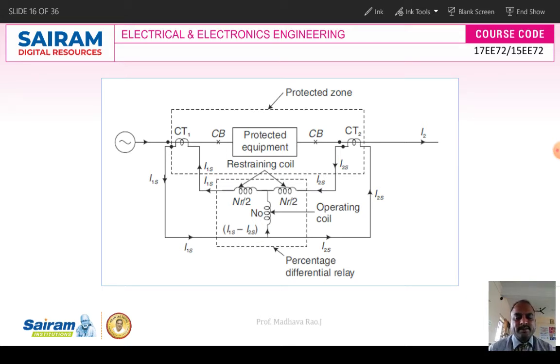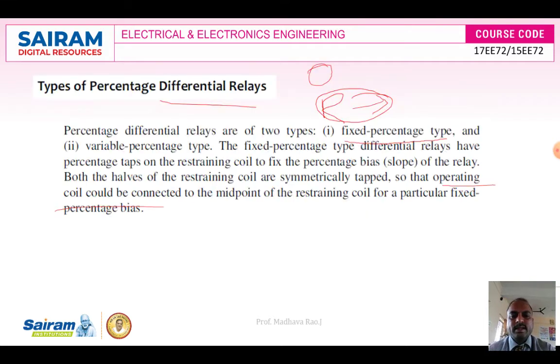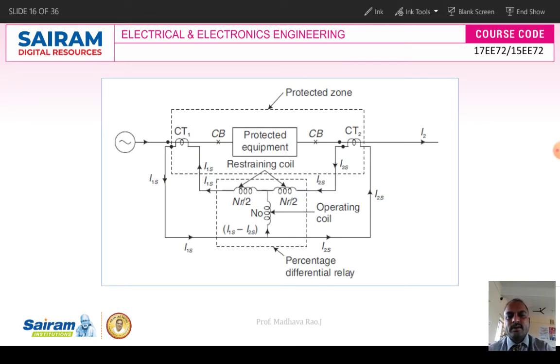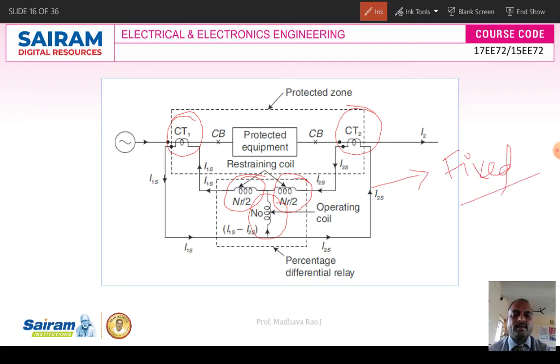Here we can see current transformer 1 and current transformer 2. Here we have restraining coils, and in between the two restraining coils one operating coil is connected. This type of connection is fixed differential protection.